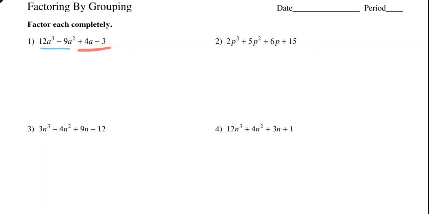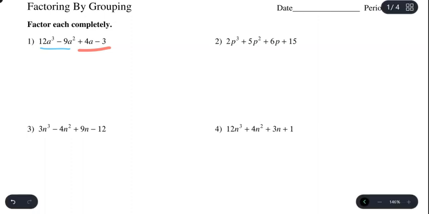When you do grouping, normally you have four terms. This is the most common example that you're going to see. You're going to group two terms together, and you're going to group the other two terms together. And within the groups, individually, we're going to look for GCFs, greatest common factors. So let's look at this part. What is the greatest common factor between 12a cubed and 9a squared?